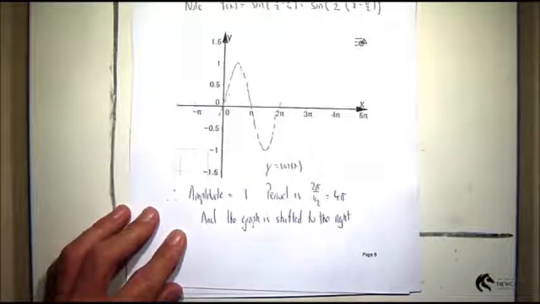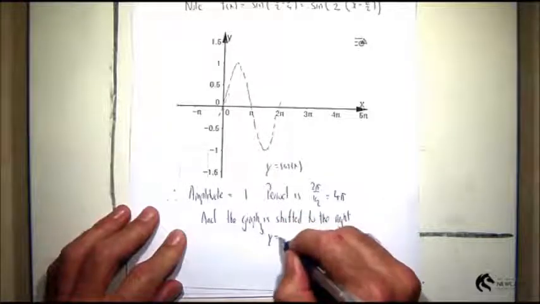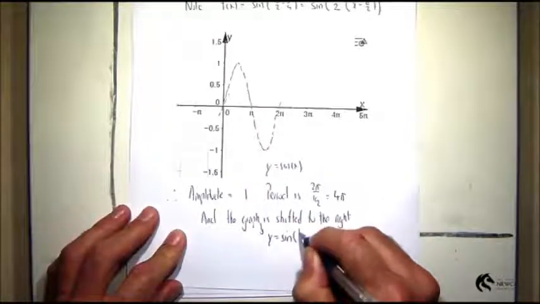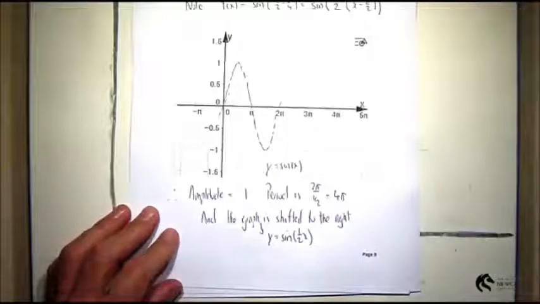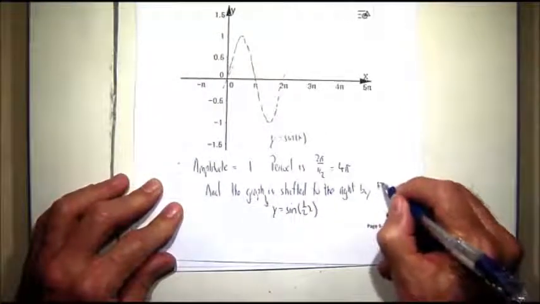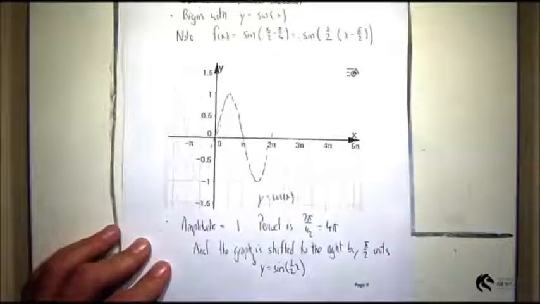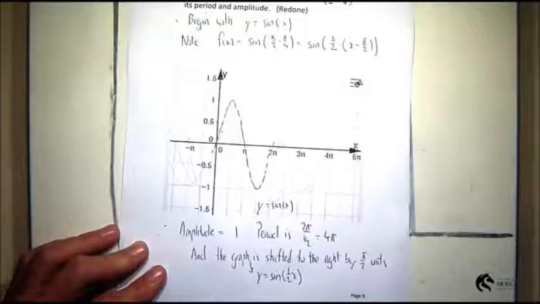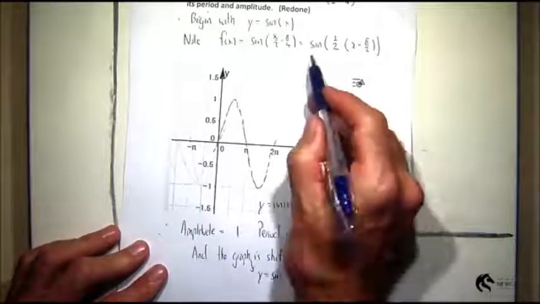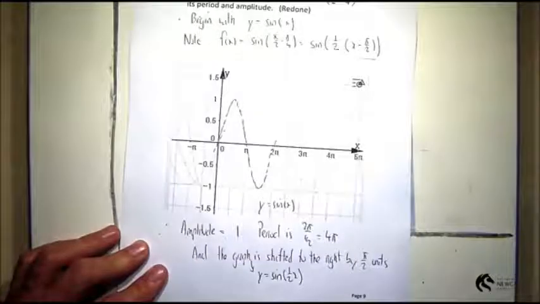And I guess in there I should have said, because you still need this, you still need the graph of y is equal to sine a half x. The graph of y is equal to sine a half x shifted to the right by pi on 2 units. And so you can actually read all of that off from that way of writing the function. So if you like to do that, by all means do so.